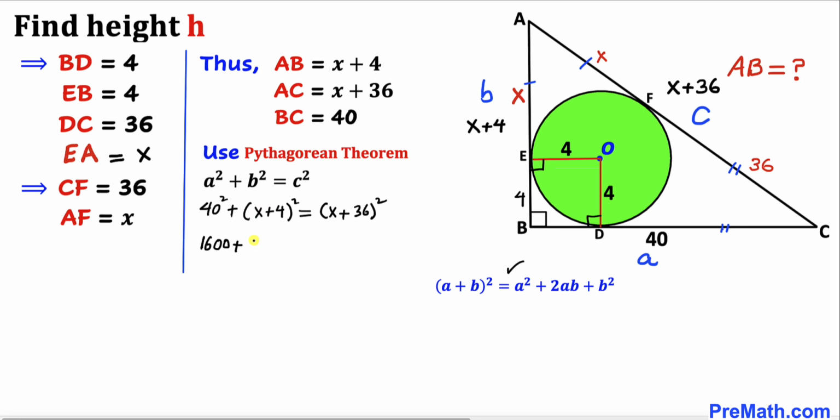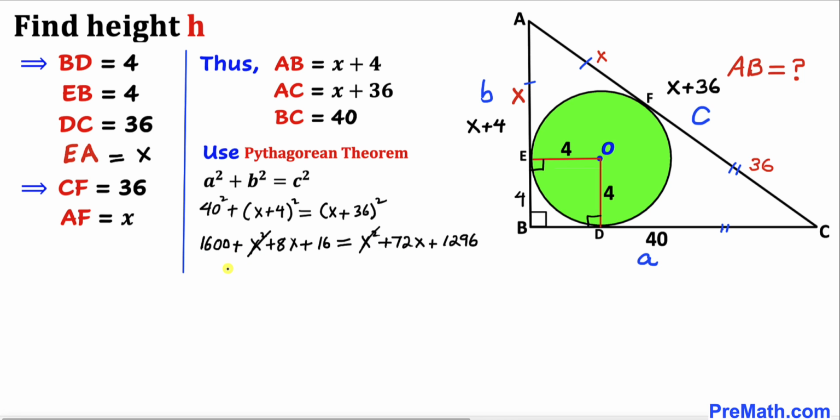So this is going to become x square plus 8x plus 16 equals, on the right hand side, x square plus 72x plus 1296. And now we can see this x square and x square on both sides. This is gone.